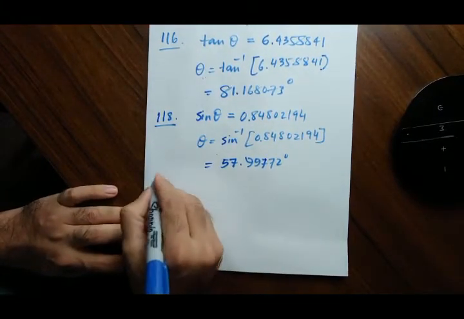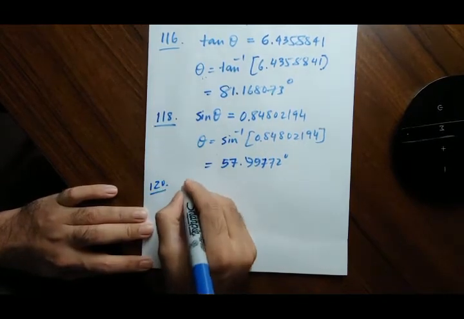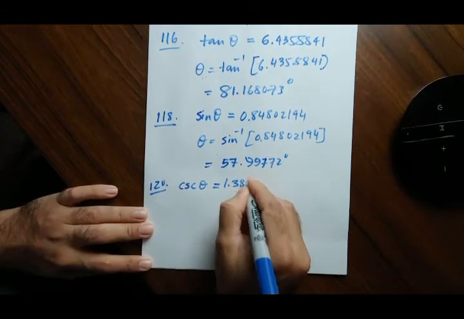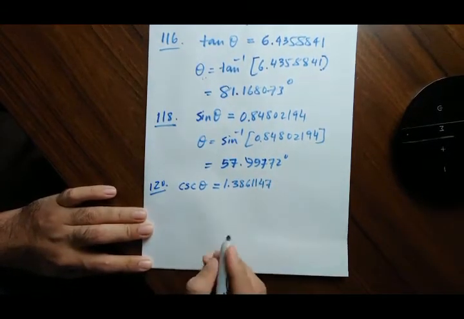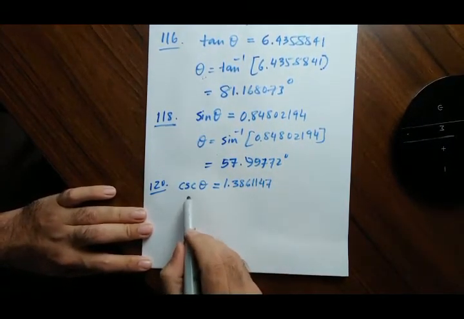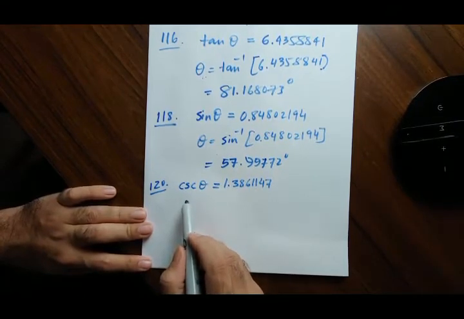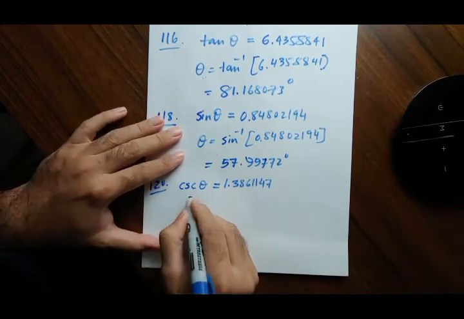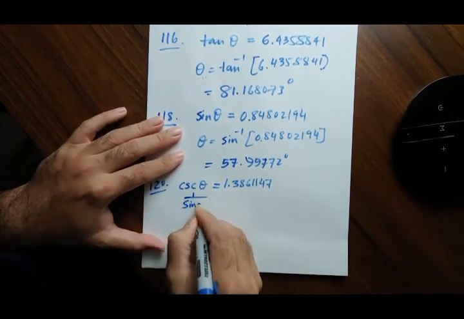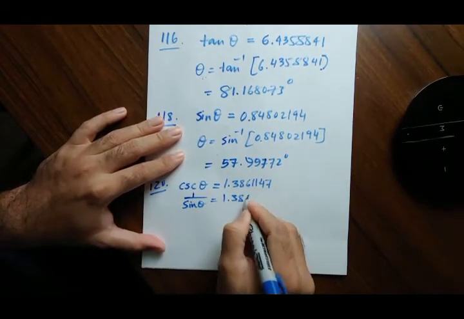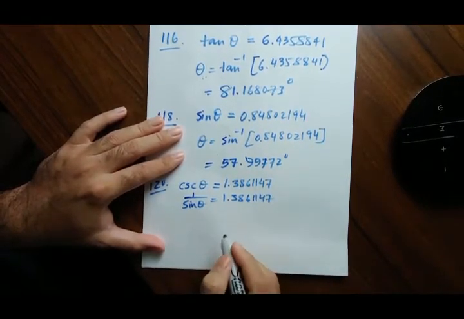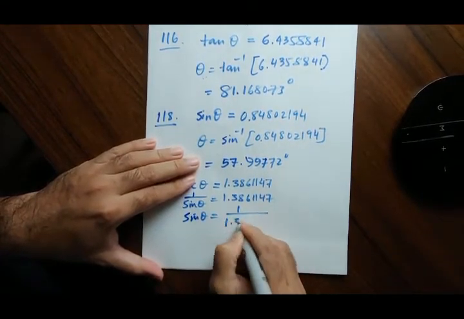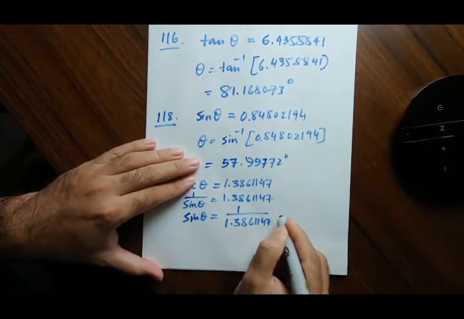Let's try another problem, 120. This is a little bit of a different problem. It's giving you cosecant of theta equal to 1.38611147. Now I don't know cosecant, there is no cosecant inverse in your calculator, but I do know sine. And so this value is 1 over sine, that is 1.38611147. So if I just flip it, then sine theta equal to 1 over 1.38611147.